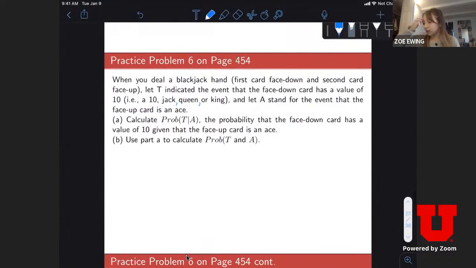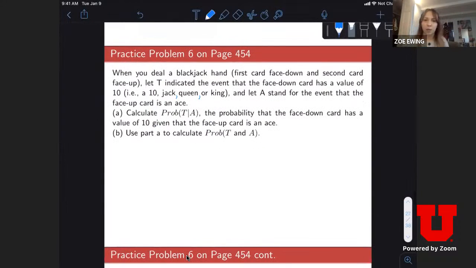So let's look at this one. This one's kind of tricky because I'm not sure how much we've gone over conditional probability in lecture. I think there's only been 1 or 2 examples of it. So we have a blackjack hand, and we deal 1 card, which is face down, and we have a second card, which is face up.